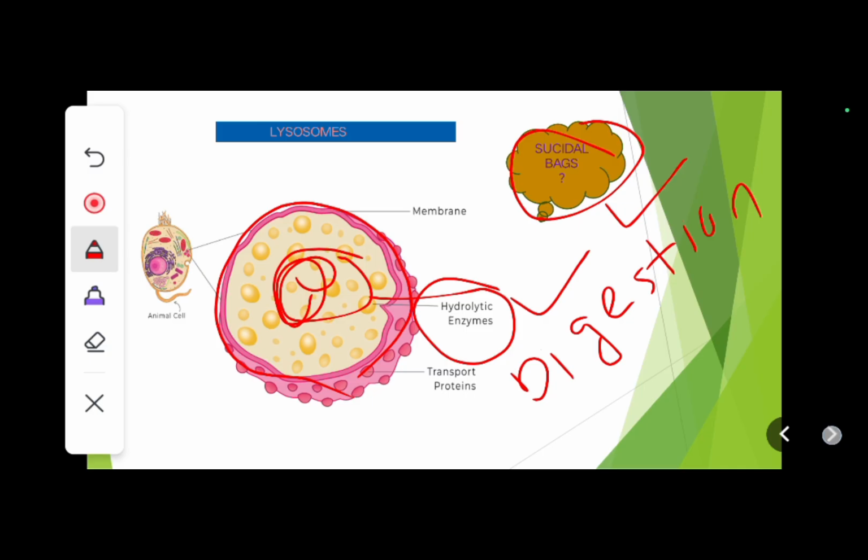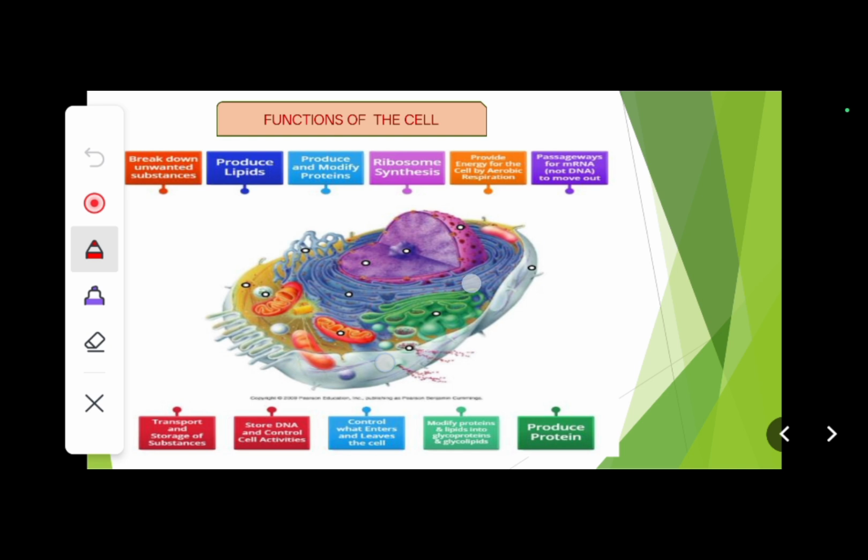All the cell organelles which are not essential, which are not working, or which are damaging the cell, will be degraded through the lysosome with the help of the hydrolytic enzymes. Okay, then we know all the organelles present inside the cell and how they work. Then we enter into the major functions of the cell.